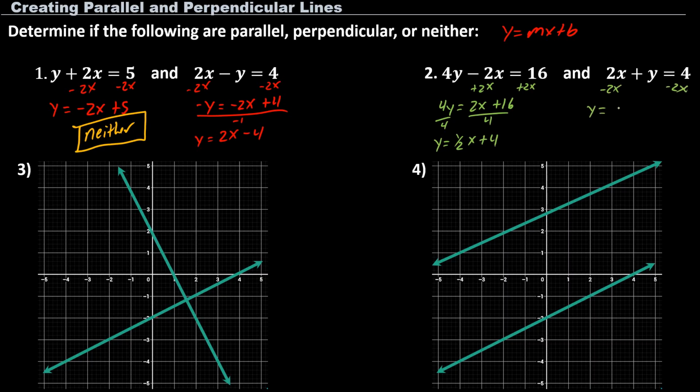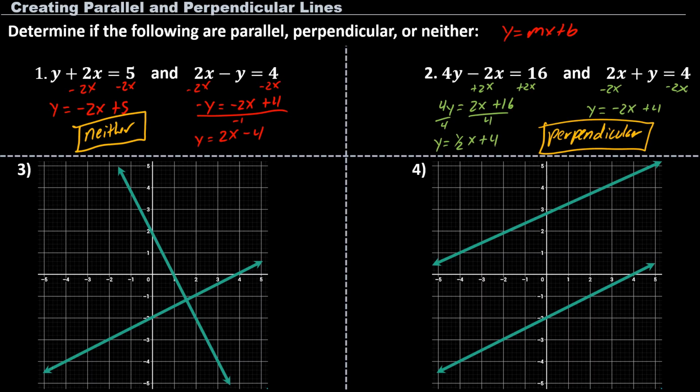So y is equal to negative 2x plus 4, and then there's nothing left to do. Now as we go to compare these, this is a positive 1/2. This is a negative 2. These are perpendicular. They are negative flipped versions of each other.